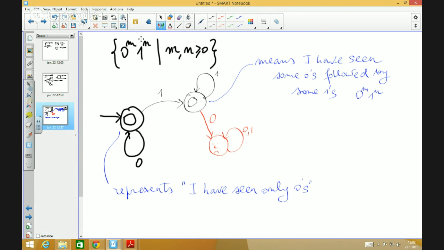Now, how do we figure out whether, yes, question? Okay. Your colleague is saying in the description you say, I have seen some zeros followed by some ones, but in fact it could be 0 zeros.